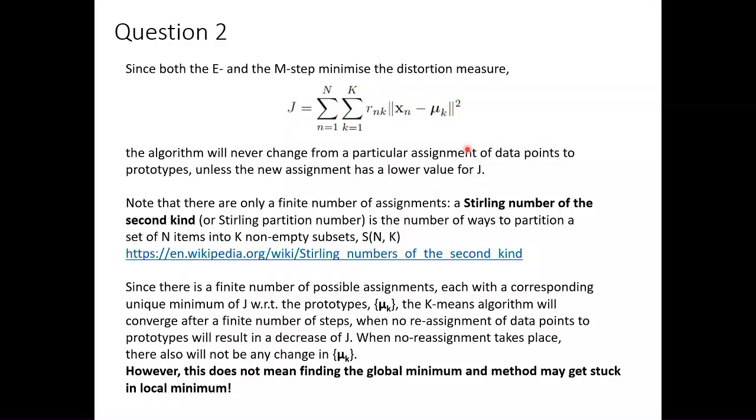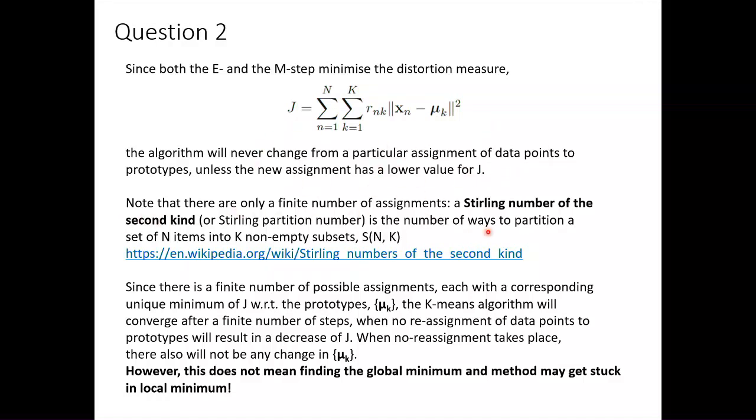You are always optimizing at each step of each iteration; you always minimize J. First you minimize with respect to r, then you minimize with respect to mu. Then again you minimize with respect to r, and you minimize with respect to mu. So that's a very straightforward way of ensuring that J never increases. That's good. That actually is the key here. One has to say that.